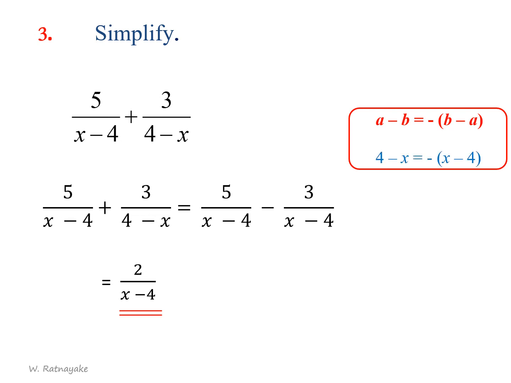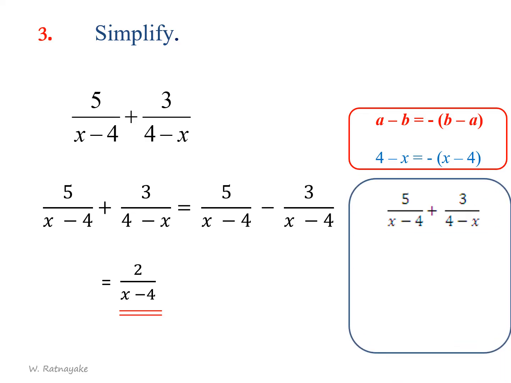We can write it as minus times (x minus 4). Then our expression 5 divided by x minus 4 plus 3 divided by 4 minus x, we can write as 5 divided by x minus 4 plus 3 divided by minus (x minus 4).